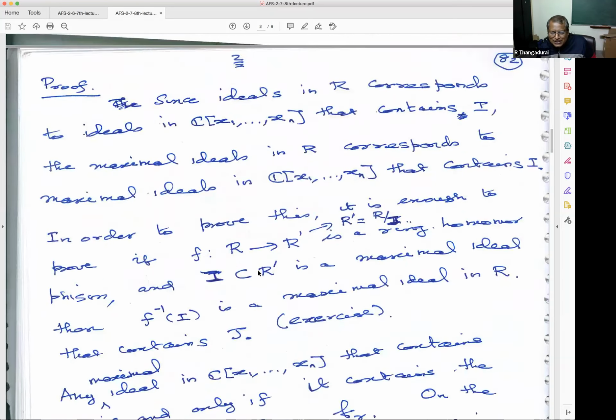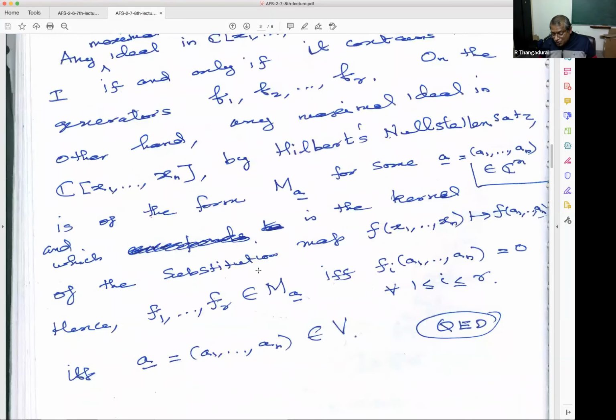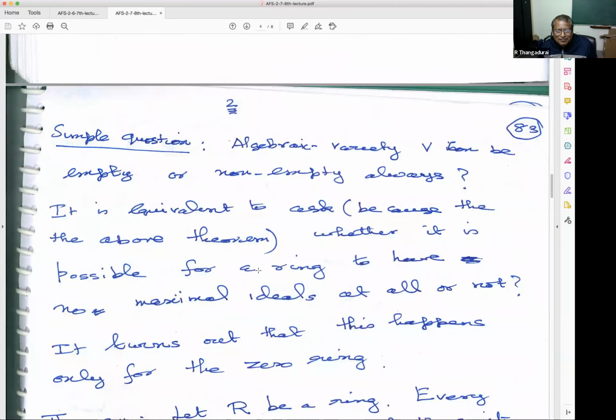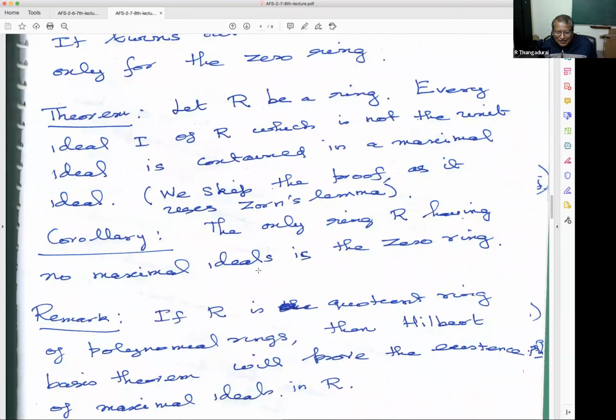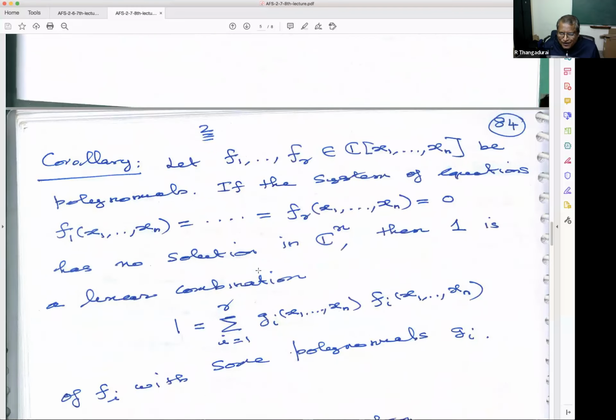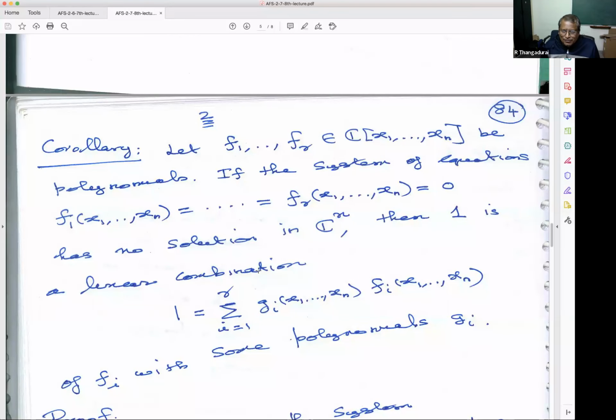That's what we have to check: if there is no common solution, whether this is going to happen or not. Let F1, F2, F3, ..., Fr be the given polynomials. If the system of equations has no solution in common, then one is a linear combination of these Fi's.